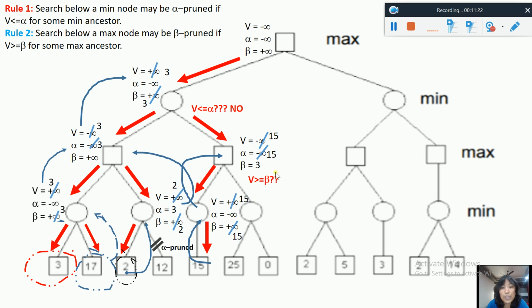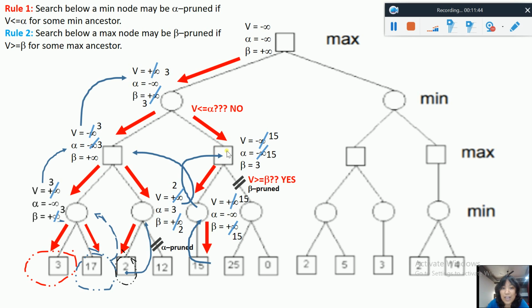So again, I need to check whether V is greater than beta or not for searching below the max node, that is, whether it would be beta proof. The answer is yes, because V, 15, is greater or equal to beta, so this will get beta proved. So we won't move to this node, we will prune it.